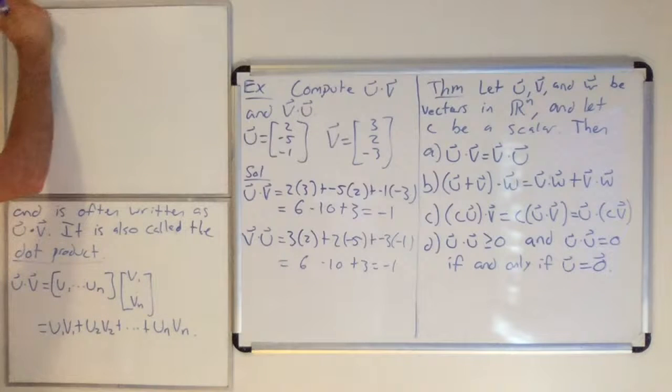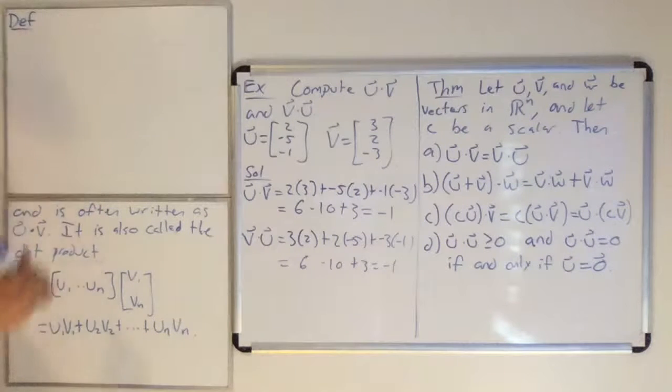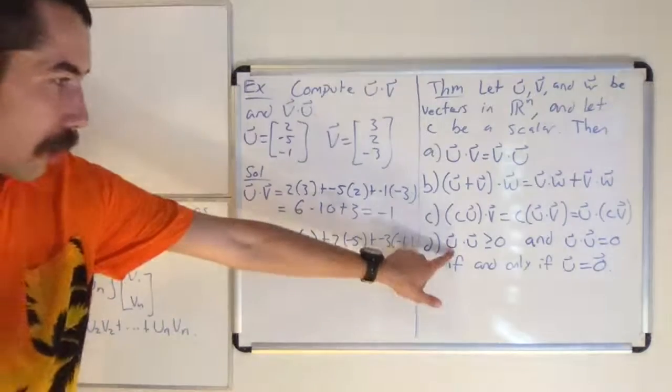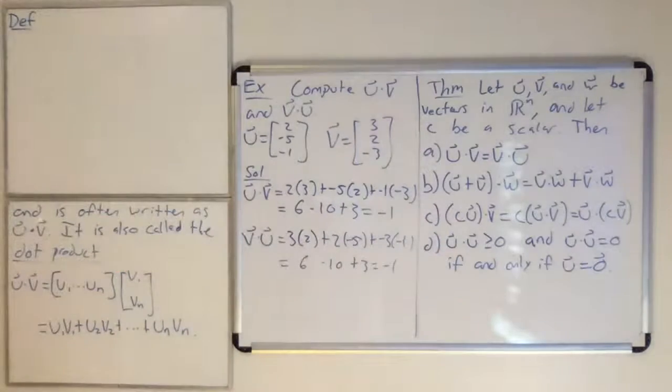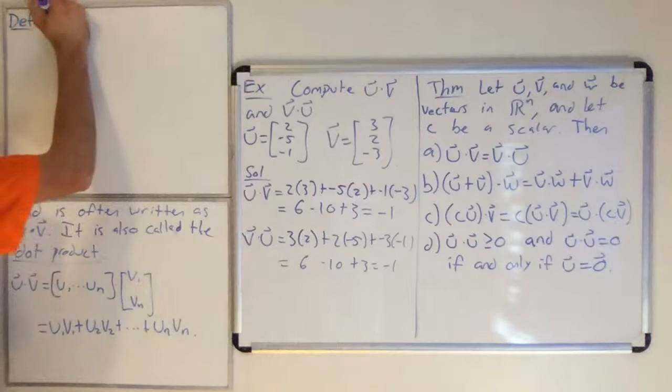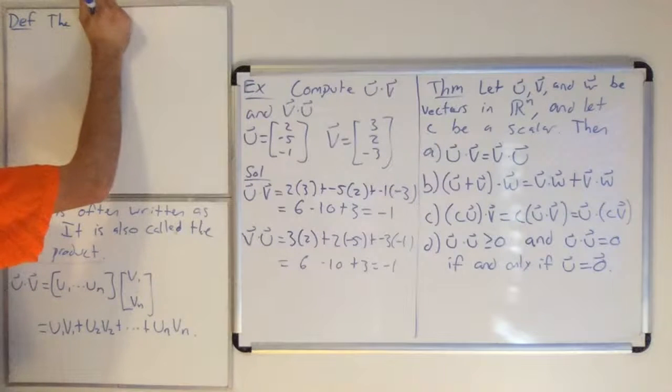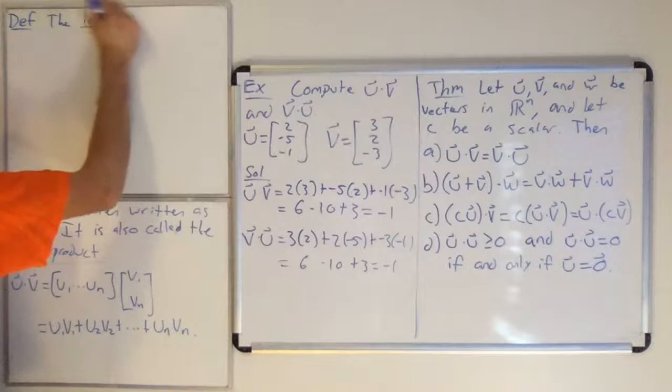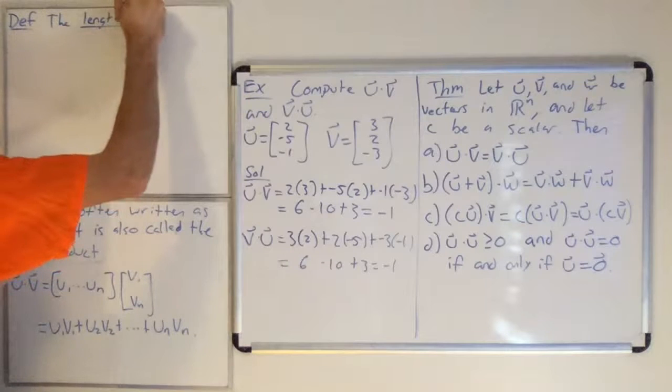Okay. So the definition: we're going to use part D here to find the length of a vector. So the length, you may also see the word norm.